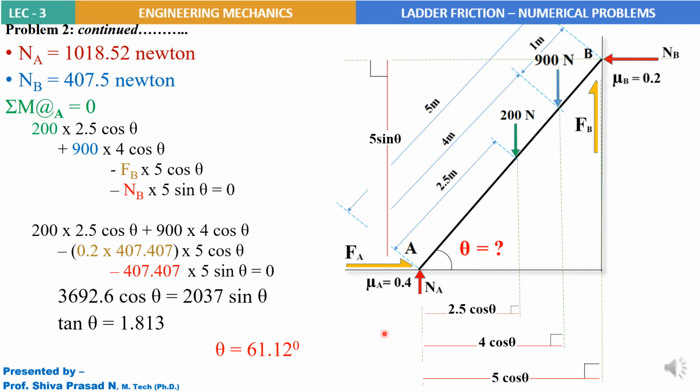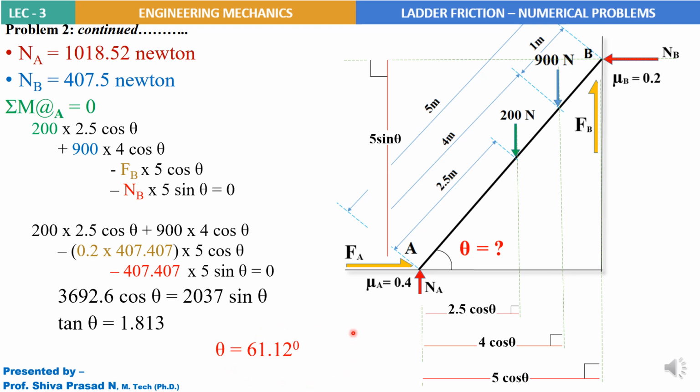So this is the minimum angle of inclination that can be used to avoid this ladder from slipping. So this is the minimum most angle. If you reduce the angle lower than this, the ladder will begin to slide. So that is the inference.